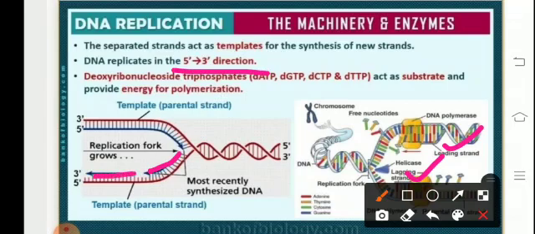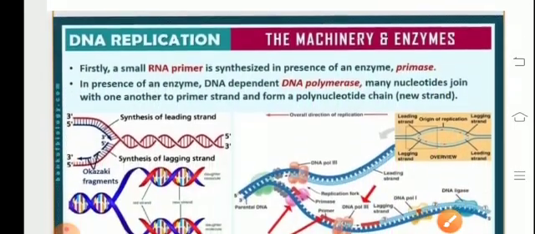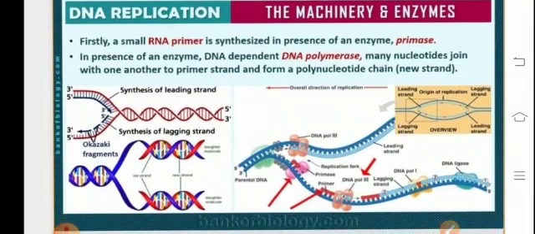It is also called discontinuous synthesis, and the fragments are called Okazaki fragments because they are produced as short strands, and later they are joined with the help of the enzyme referred to as DNA ligase. So the sealing of the fragments is carried out by DNA ligase.